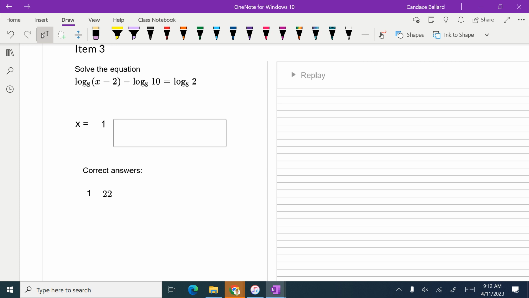Okay, that's going to be our next one, so find that one on your page. You've got logs on both sides. Whenever I see an add or subtract between logs, I have to condense it. When I have subtraction, what do I turn it into?